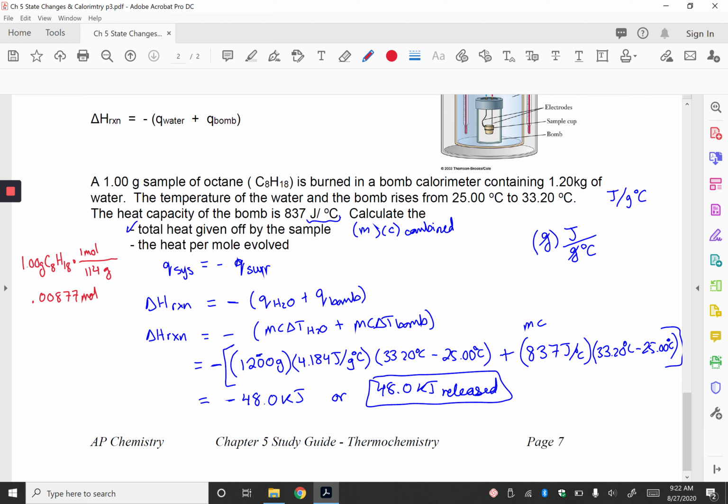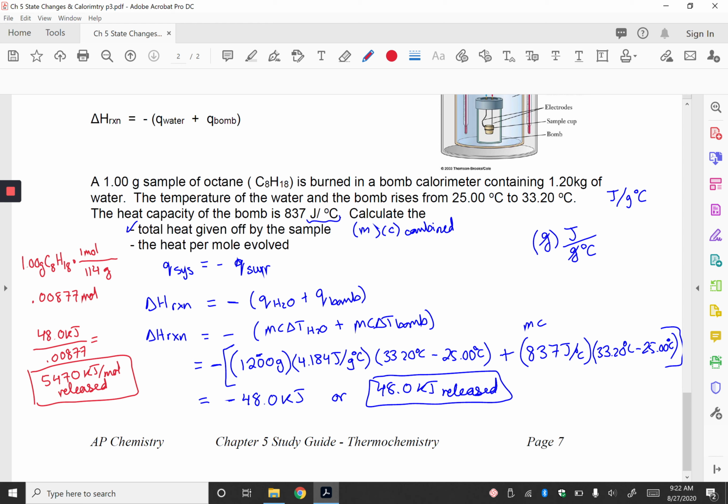So then I say, again, you could do the positive or the negative if you want. I'll use the positive one, divided by 0.00877. This gives me 5,470 kilojoules per mole released. Again, you can use the word released, or you can put a negative in front of that number.